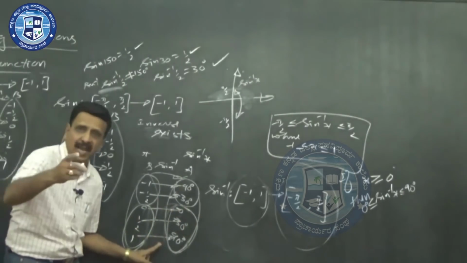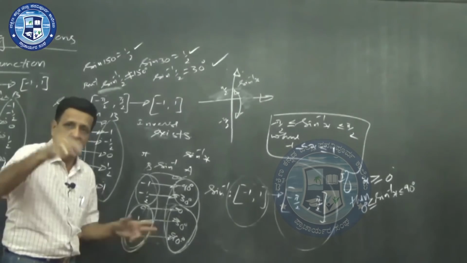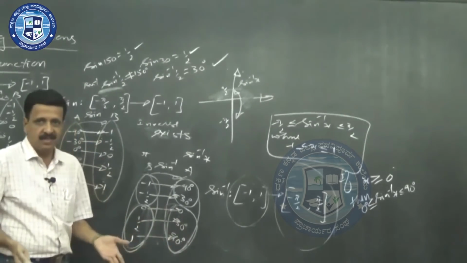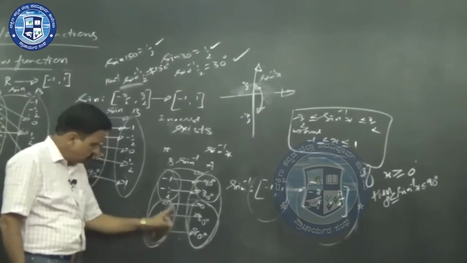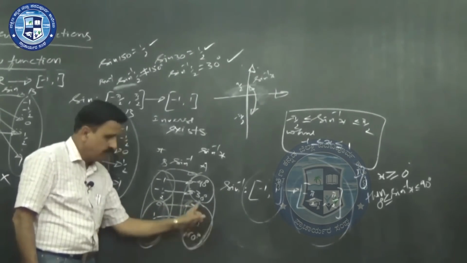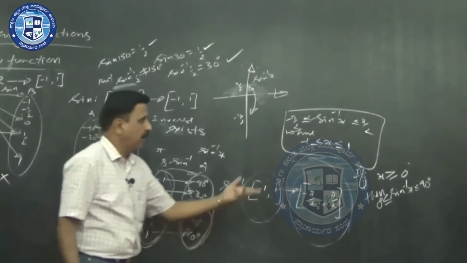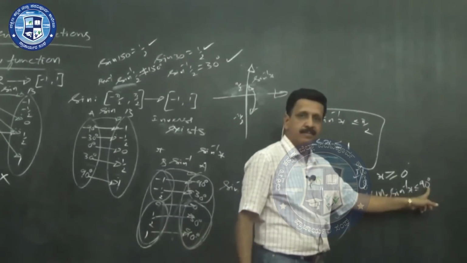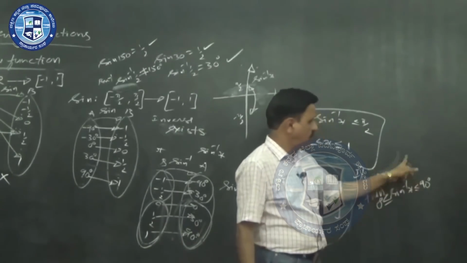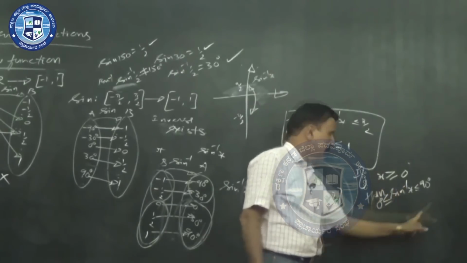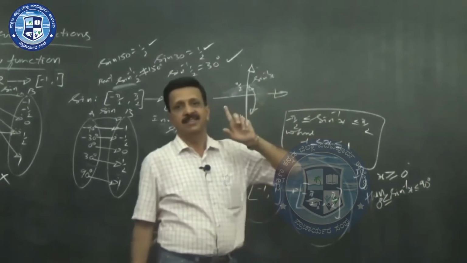Angle means it has to be in one of the quadrants. First quadrant angle, how do you write? Between 0 and 90. If x is positive, sin inverse x is an angle in the first quadrant.